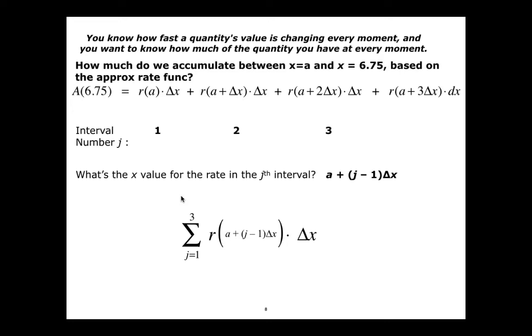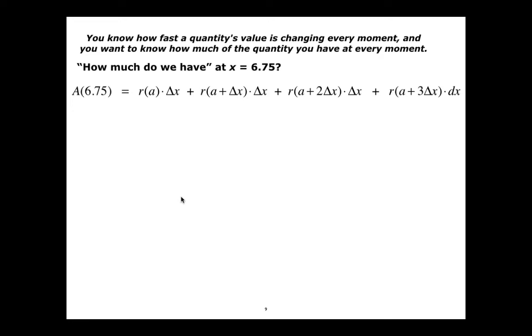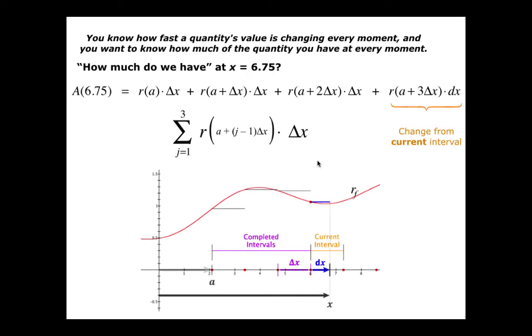And then multiply each one of the rates times that 1 point something units, times that delta x. So we have this expression. This is the written out term by term. And here it is, the first 3 terms we can write this way.